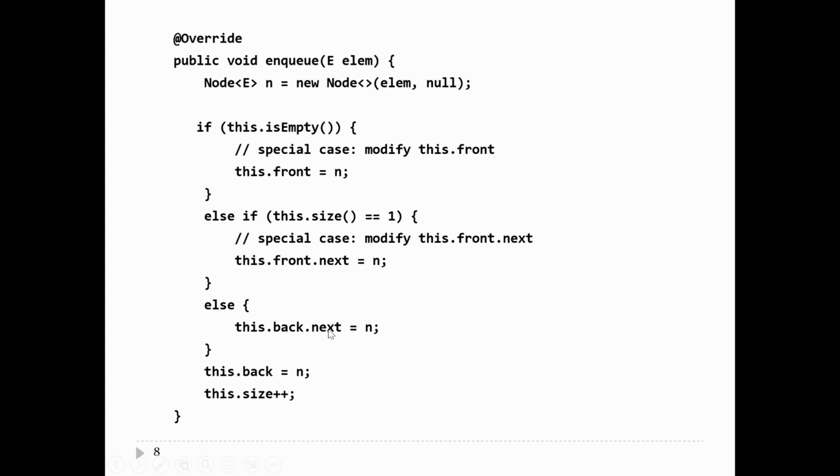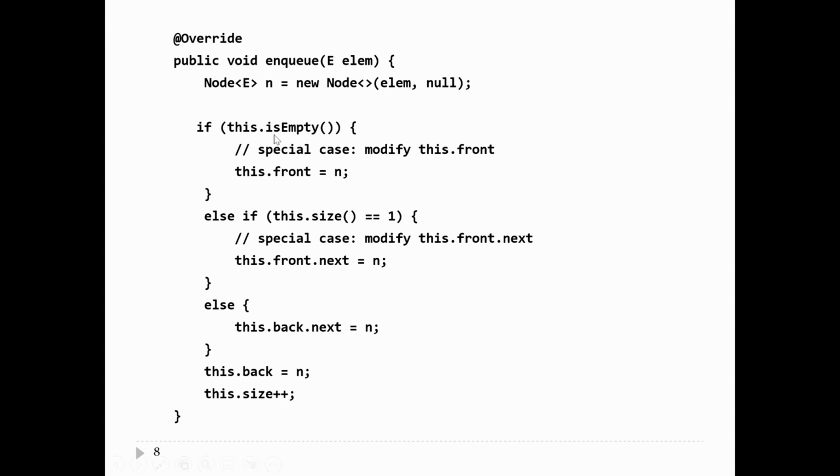I have to write this.back.next = n. And then I need to adjust the current back node, so the current back node becomes your new node. You've added an element to the queue, so you have to increase the size of the queue by 1.